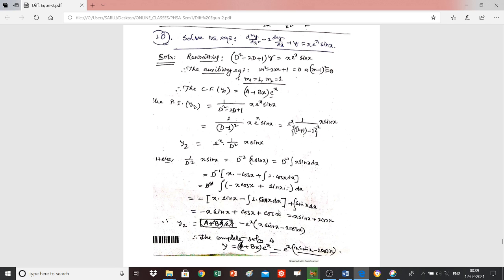So this is the third part, and this is the end of differential equations, and through some classes we come to know how to solve different kind of differential equations. It may be first order linear equation, it may be second order linear equation, and linear equation, you know that there are two types, one is homogeneous and one is non-homogeneous.